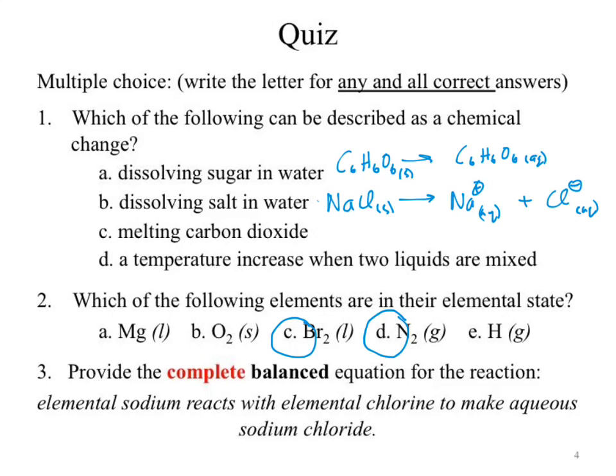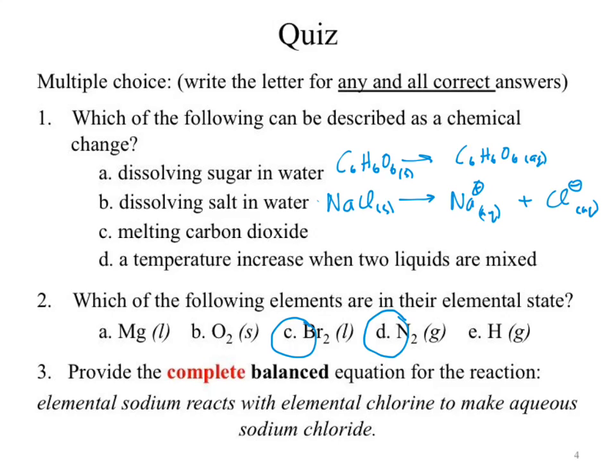Magnesium is a solid. How do you know it's a solid in its elemental state? You look at the periodic table, it's black. Black means solid. This says liquid, so it's not in its elemental state. Oxygen, elemental state for oxygen: gas. This says solid. It is correct in having O2, but it's in the incorrect phase.